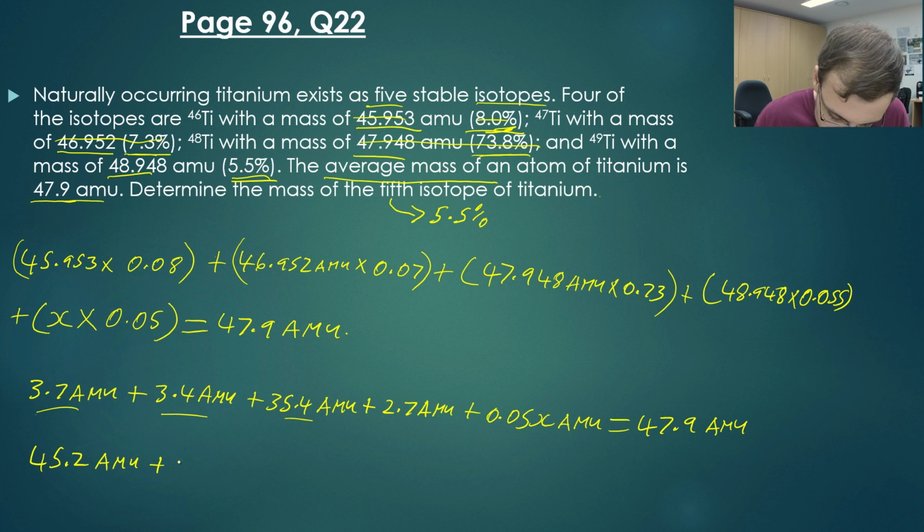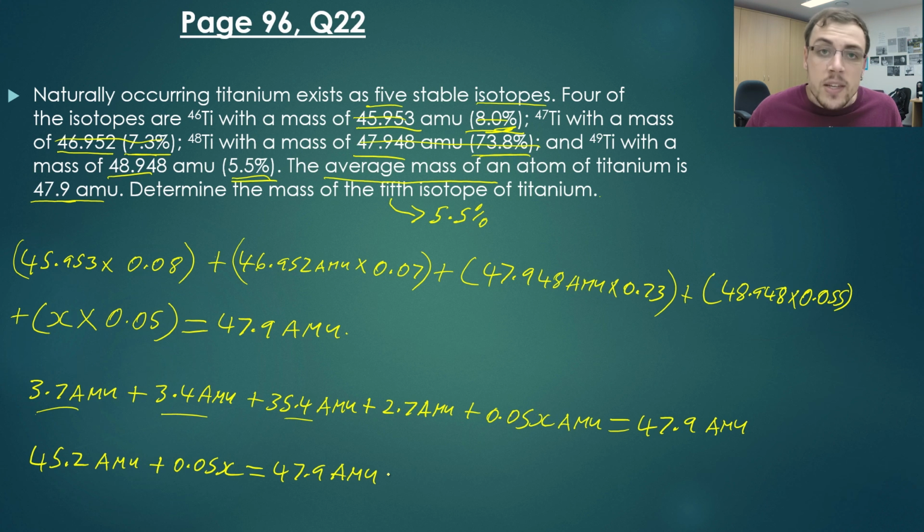plus 0.05x will equal 47.9 AMU. Okay, so now we need to rearrange and solve for x. The easiest way to do this is to look at our relationship here.